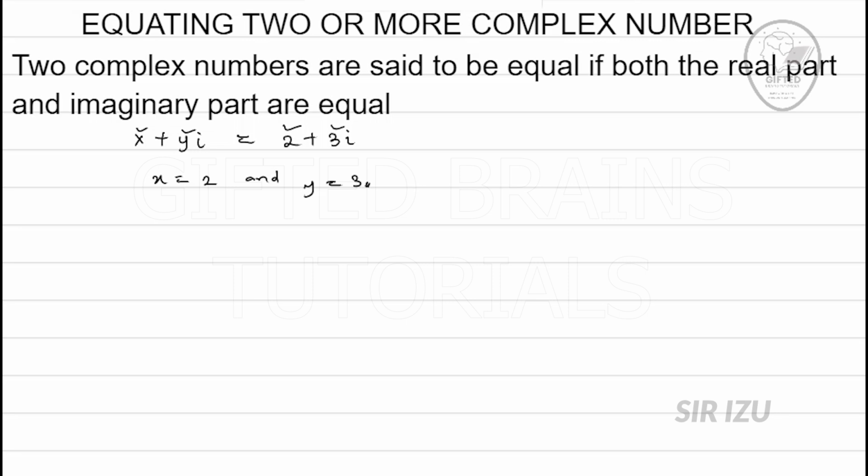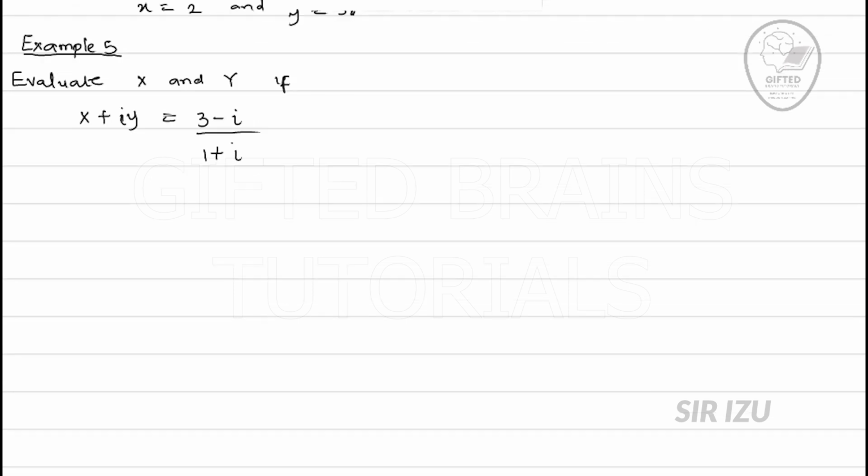Let's take some equations involving complex numbers now. Example 5. Let's look at this question now. Evaluate x and y if x plus iy is equal to (3 minus i) over (1 plus i). The first thing we do here, before we compare the real part and imaginary part, is to look at the right hand side and multiply it by its conjugate.